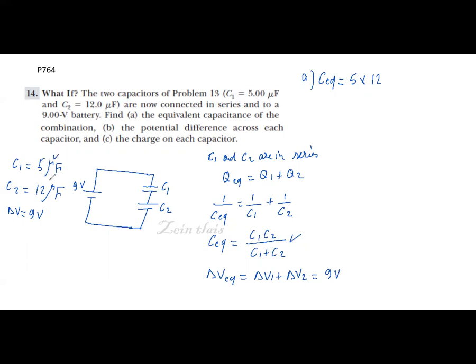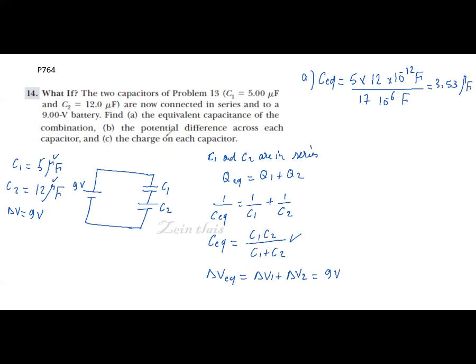Here we have micro times micro equals 10 to the minus 12 farad, divided by 5 plus 12 equals 17 micro, 10 to the minus 6 farad. We get finally 3.53 microfarad. This is part A.